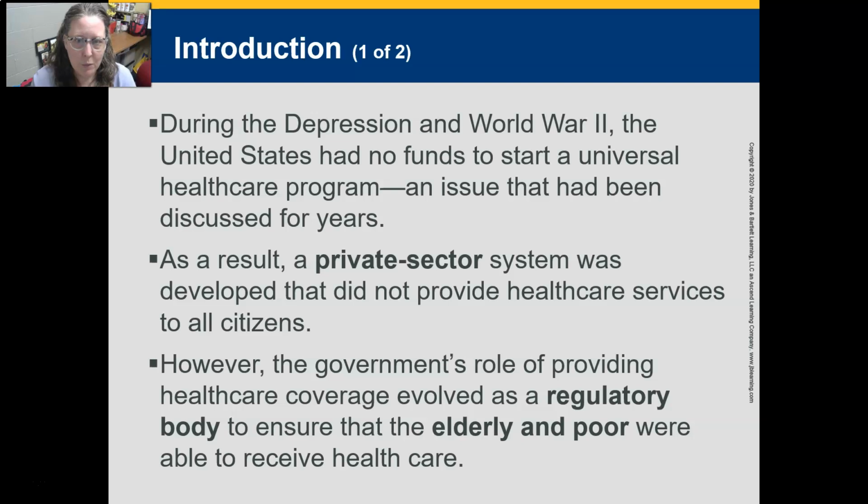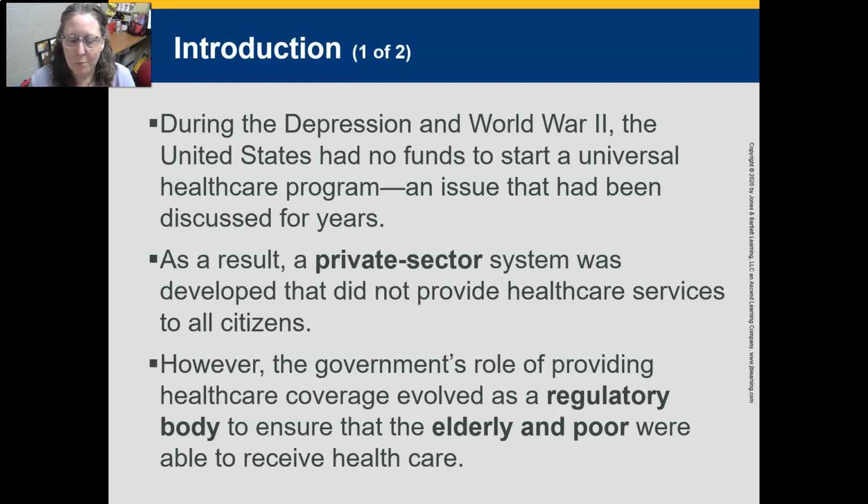And they were talking about wanting to start a universal healthcare program, but there were no funds for it because of those two events. And because of that, then the private sector system was developed, and as private sectors don't have to provide healthcare for everyone, they just provided healthcare for those who could pay. And so we did not get universal healthcare at that time.